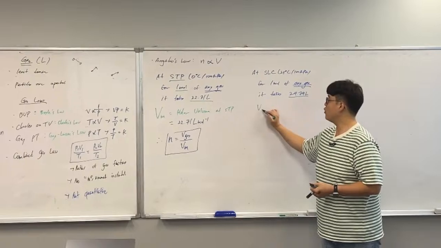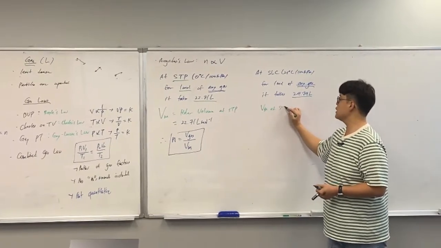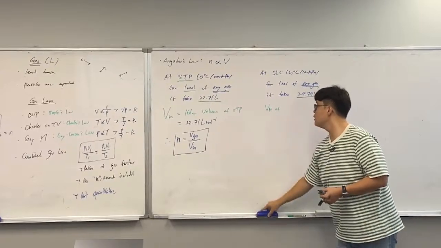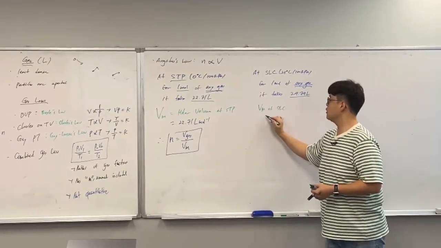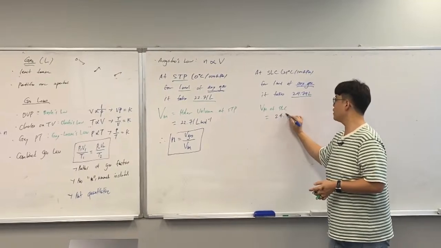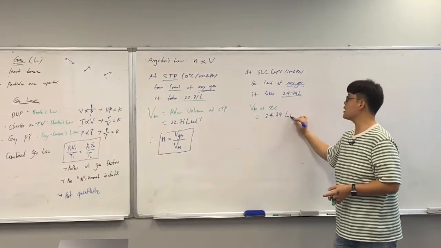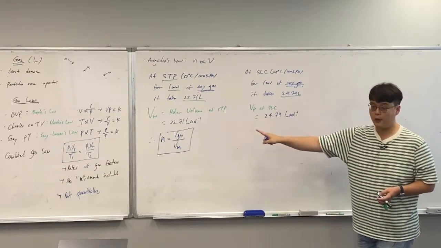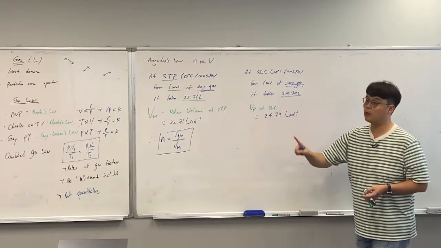So the molar volume at SLC is therefore 24.79 liters per mole. Please remember the unit. It's not moles per liter, it's liters per mole.